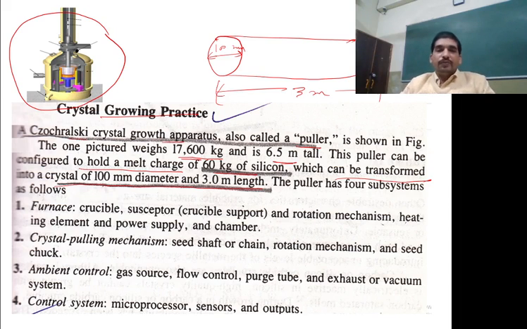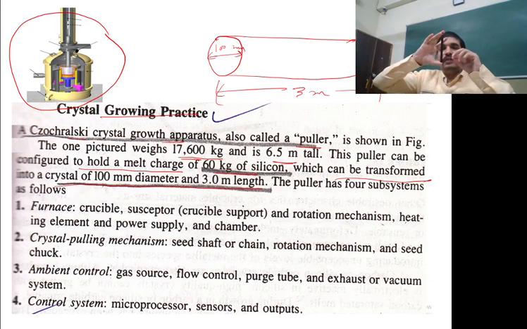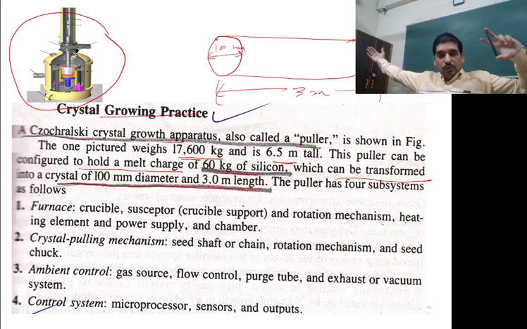That means more than 10 feet, near about the length of your standard room. The width of that ingot is about this much, and the length is huge, 3 meter.